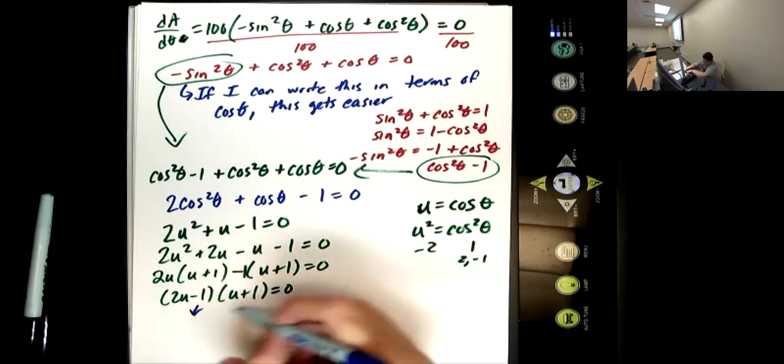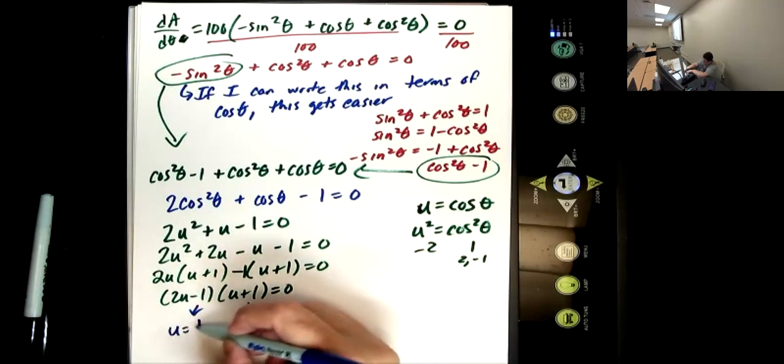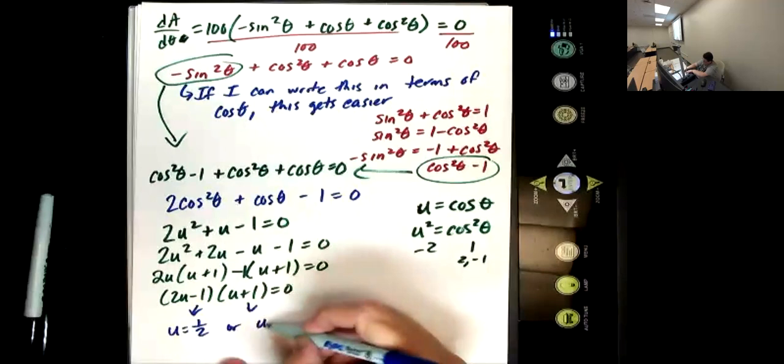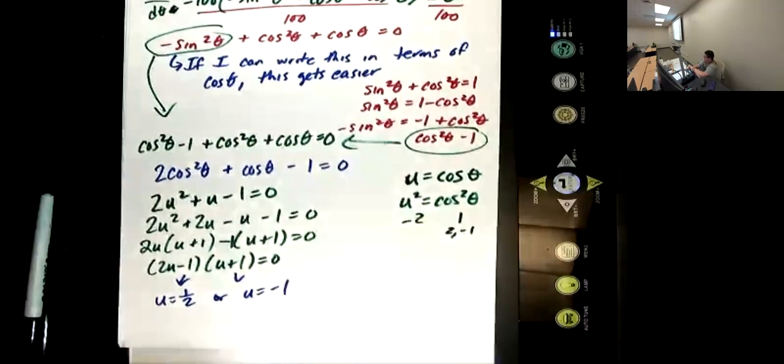So I set these equal to 0 and I get u equals 1/2 or u equals -1. What a great problem. It makes you pull out some algebra, trigonometry, all sorts of stuff going on here, right? More trig than algebra.